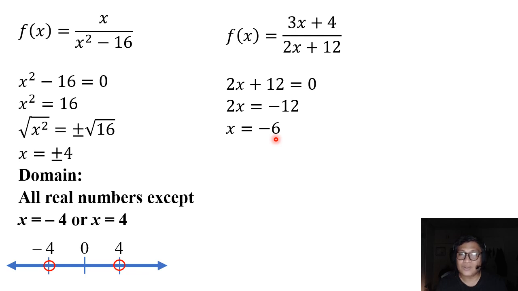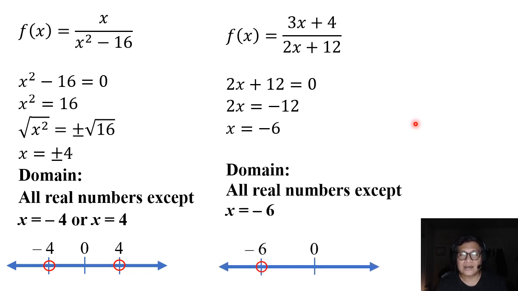Again, what will be the domain of this function? It will be all real numbers except your x to be -6. So any value of x, class, as long as it's a real number except -6 will satisfy this function. So all real numbers except x is equal to -6 will be the domain.